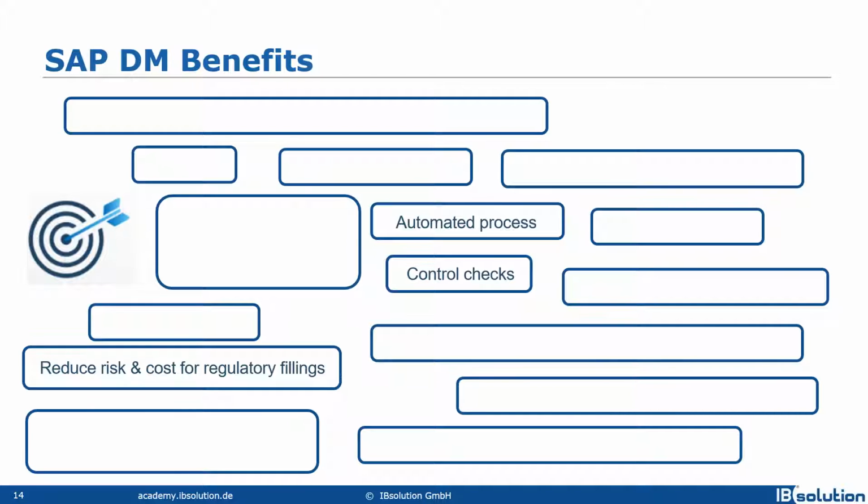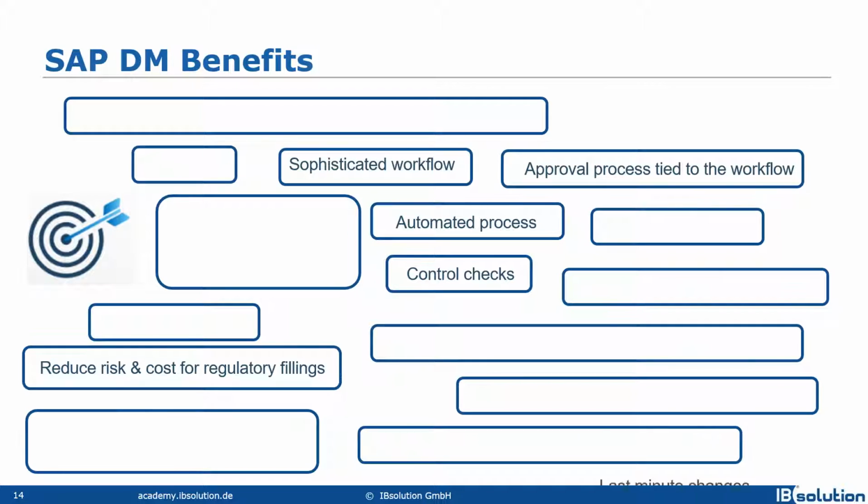You have control checks in place. There is a reduction in the risk and cost for the regulatory filings, because since it is an automated solution, it eliminates the possibility for human error.